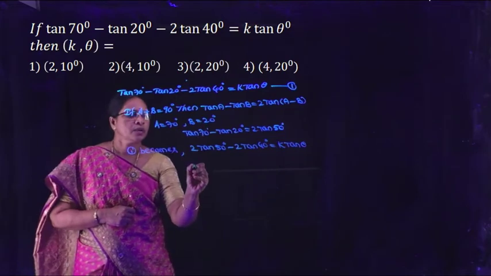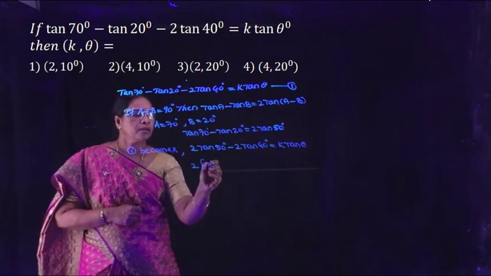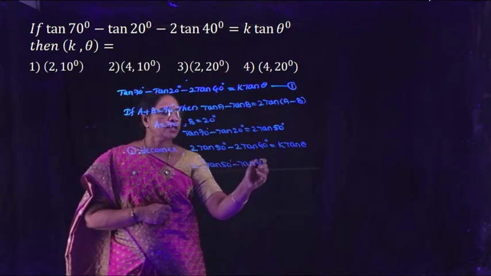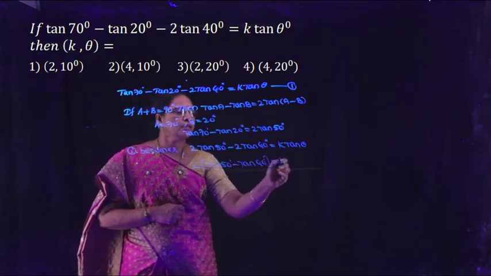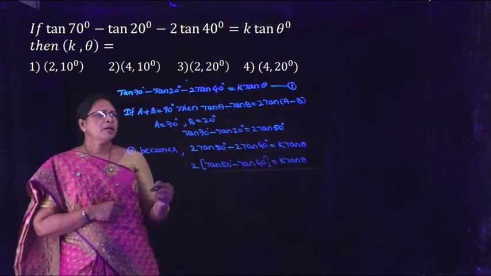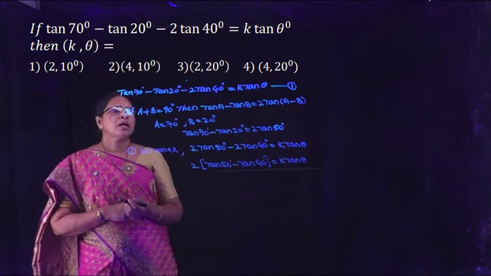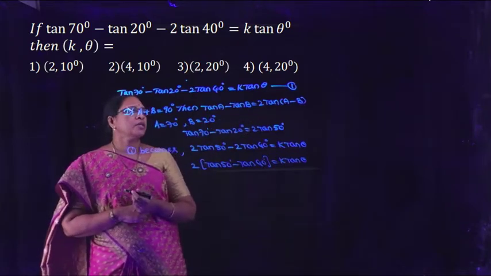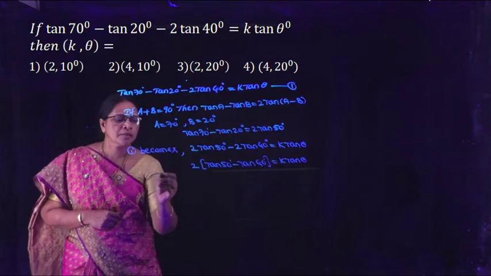Taking 2 as common, 2 into tan 50 minus tan 40 is equal to k into tan theta. Again, by applying the formula, a plus b is equal to 90 degrees, then tan a minus tan b equal to 2 tan a minus b.